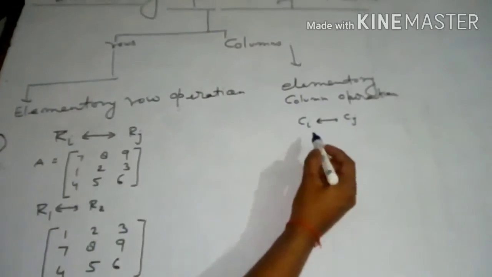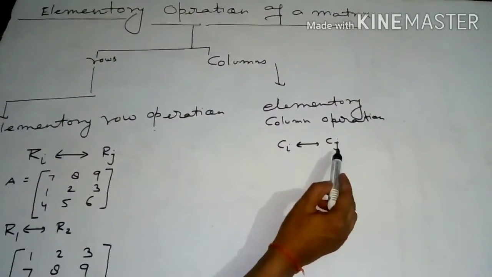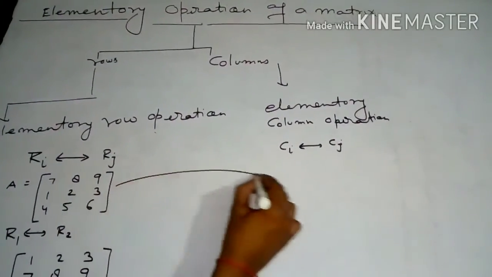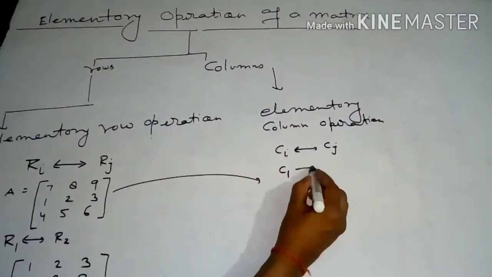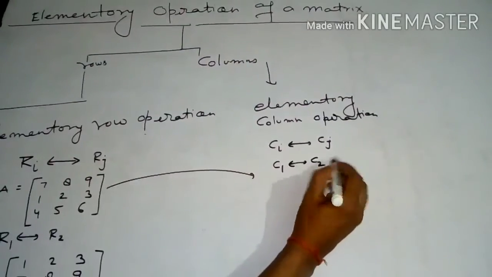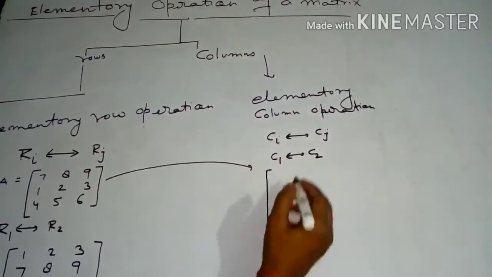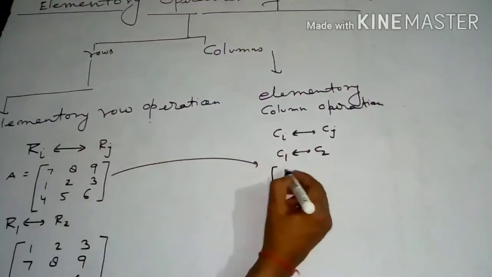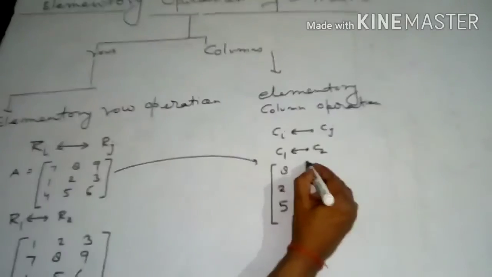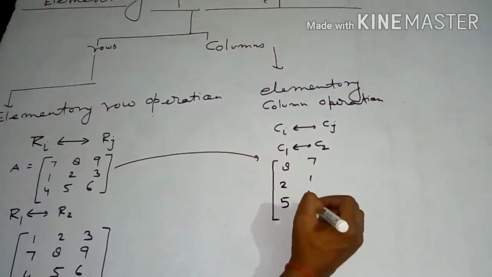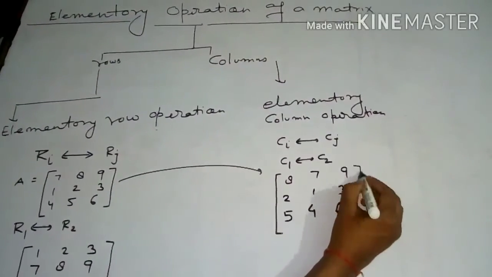In this way, suppose we want to interchange the ith column with the jth column. For example, if we take the same matrix and interchange the first column with the second column, what will we get? We will get 8, 2, 5, then 7, 1, 4, then 9, 3, 6.